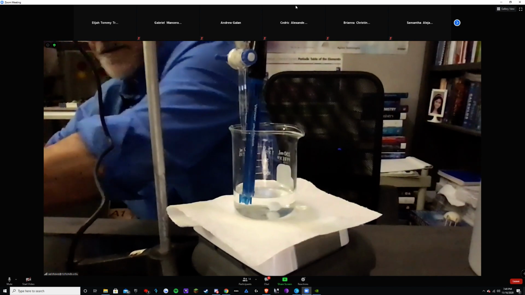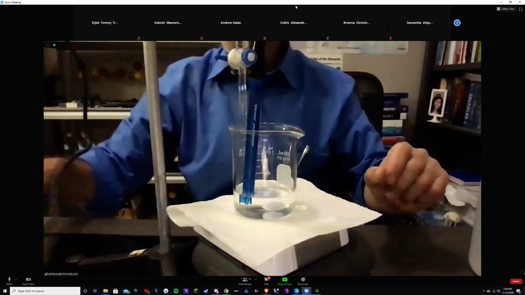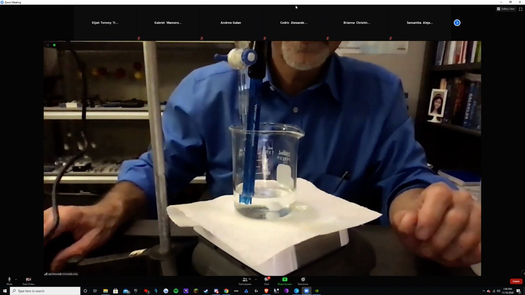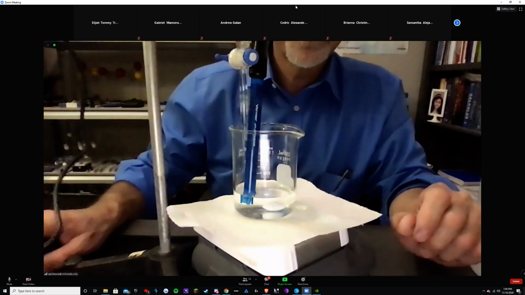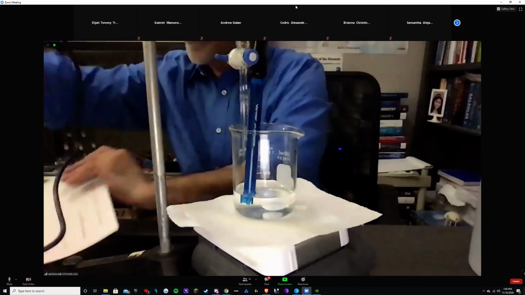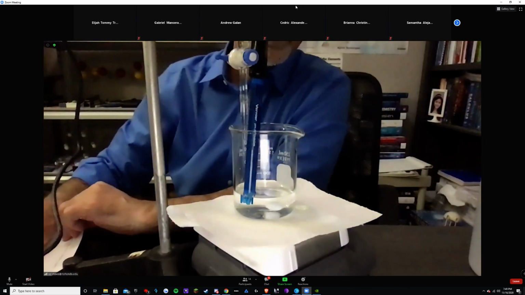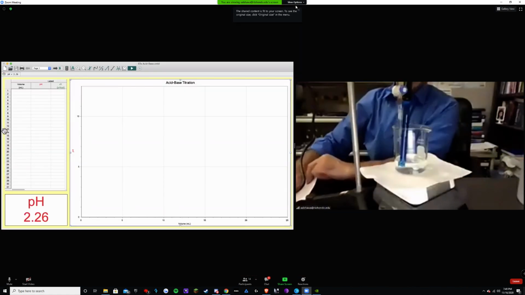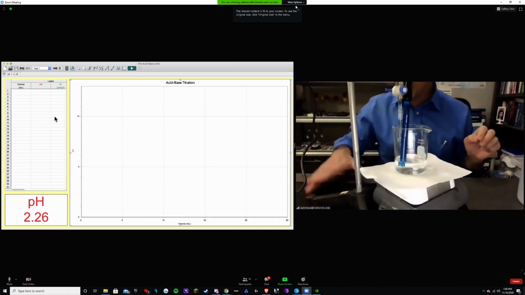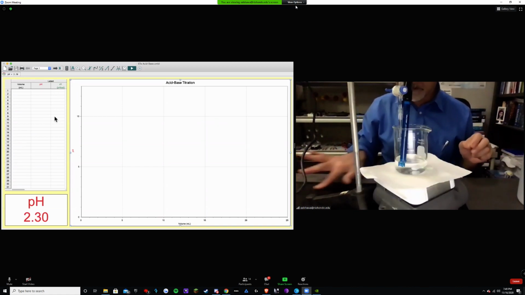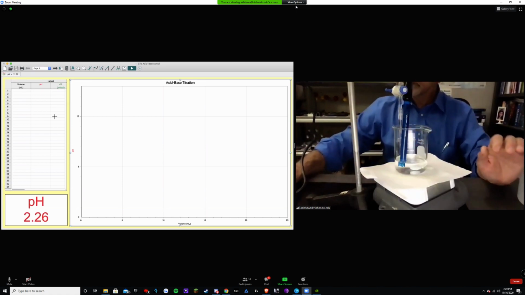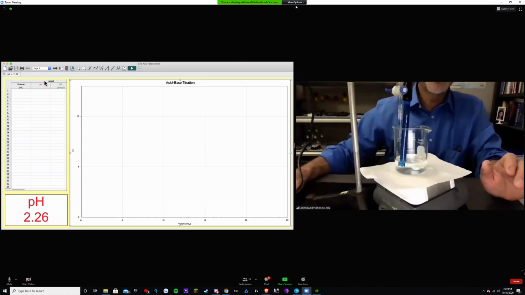The next is to set up the software. So typically if we happen to be in the lab, I give a separate handout for the software, and I'll direct my students to use that software.